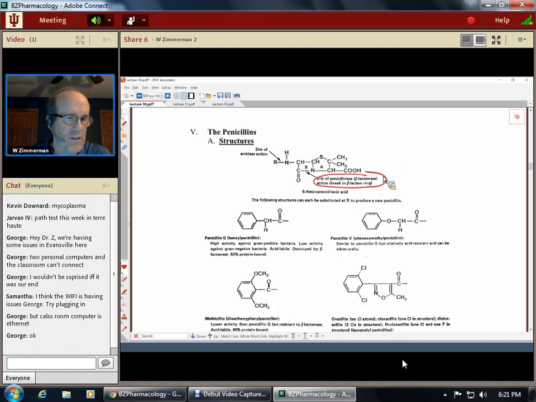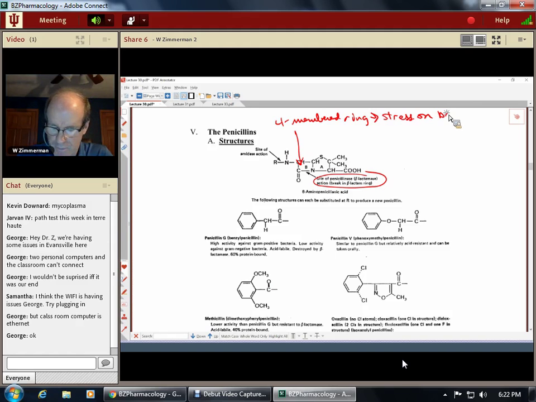Those bonds are highly stressed. So a medicinal chemist would look at that and go, oh, that's pretty unusual. Those bonds are highly stressed, or pretty easily broken.